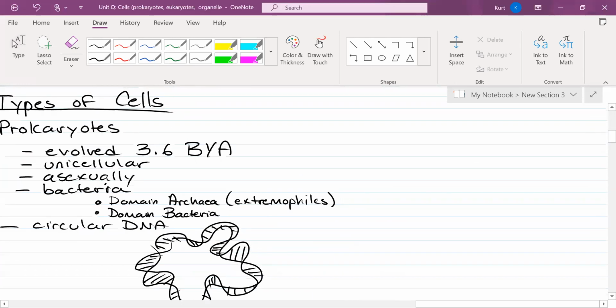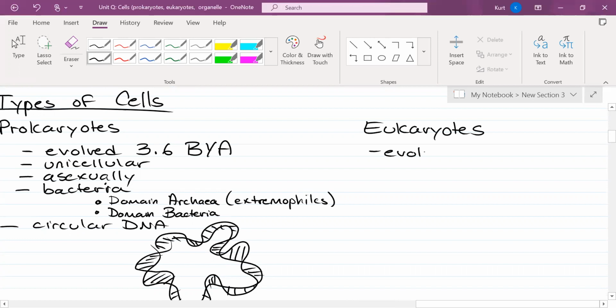And let's go over here to eukaryotes. Eukaryotes evolved about 1 billion years ago. They can be unicellular or multicellular.